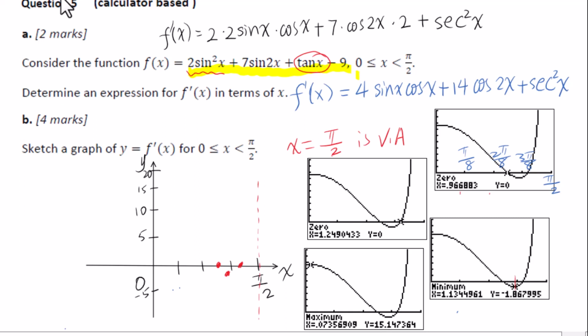It's here. For the maximum value, 0.0736 and 15.1. 0.15 is the y-intercept.